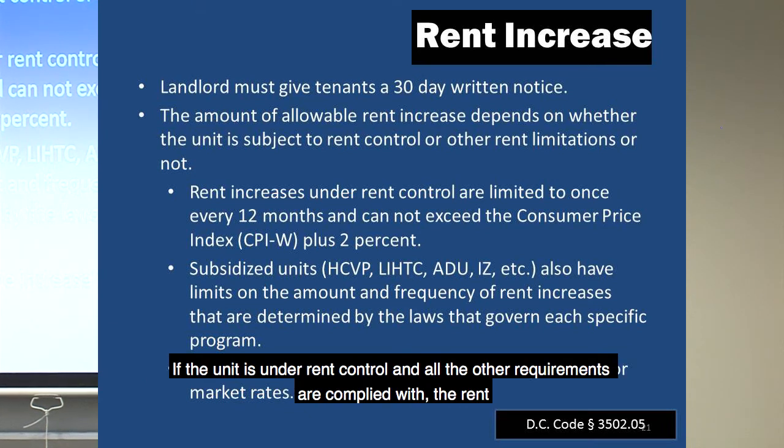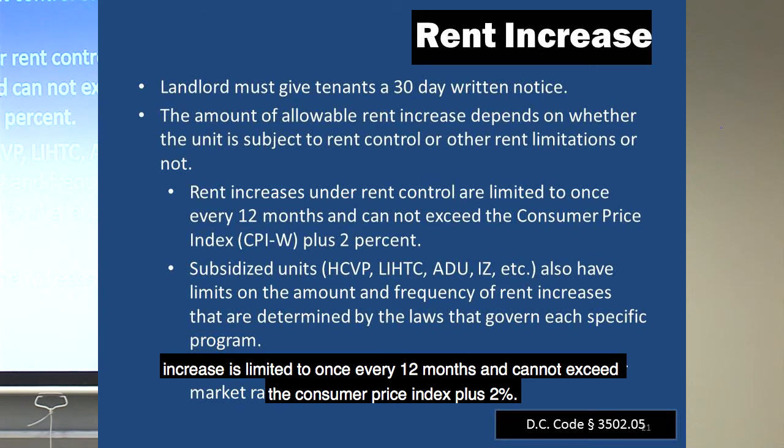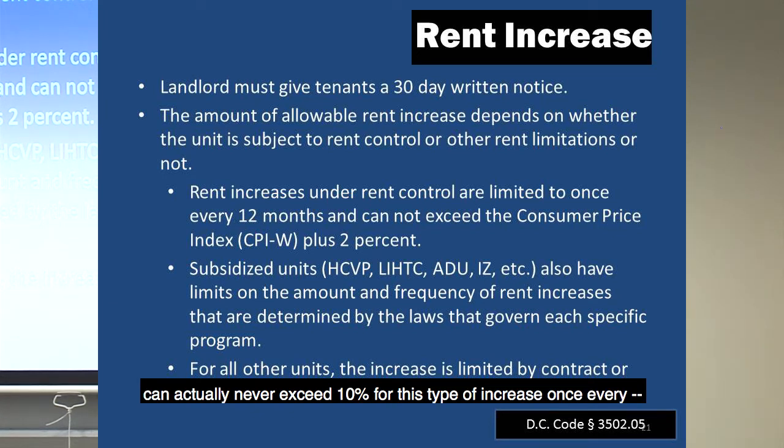If a unit is under rent control and all the other requirements are complied with, the rent increase is limited to once every 12 months and cannot exceed the consumer price index plus 2%. Now, in the event that there's ever very high inflation, that number can never exceed 10% for this type of increase, once every 12 months.